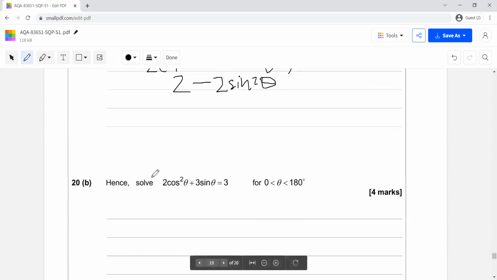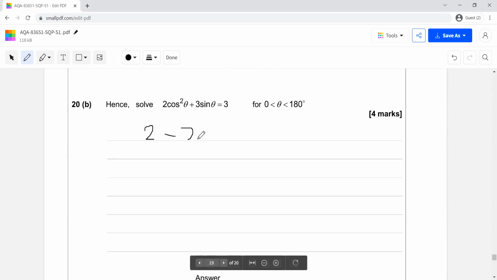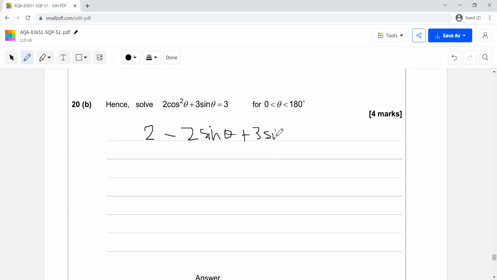So this is just from previous: 2 minus 2 sine of theta plus 3 sine of theta, and we're saying it's equal to 3. So sine theta is equal to 1.